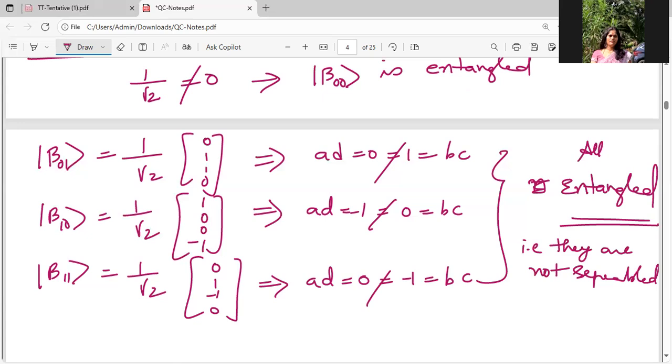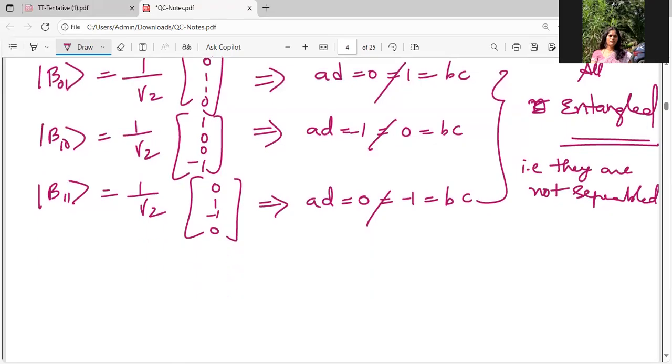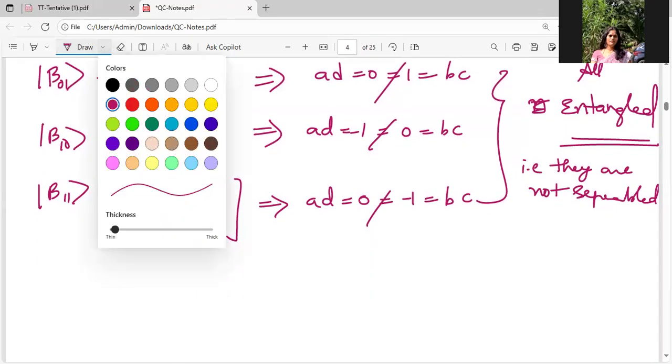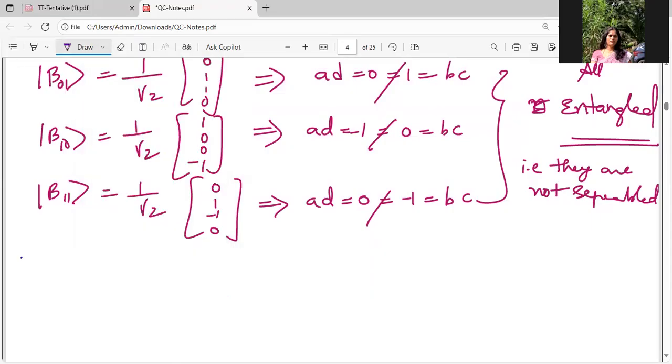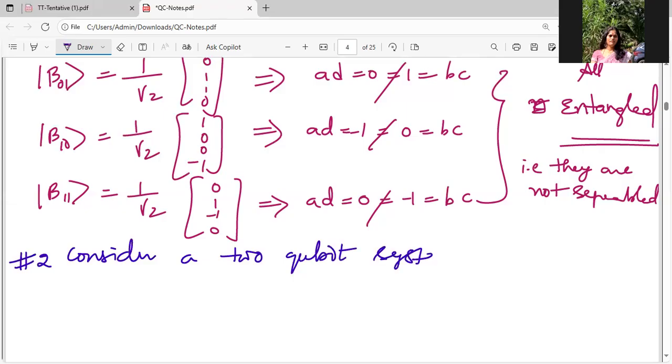Suppose I consider one more example, apart from the EPR states. It's a standard question, so do remember that. Consider a 2-qubit system, ket 0 0.